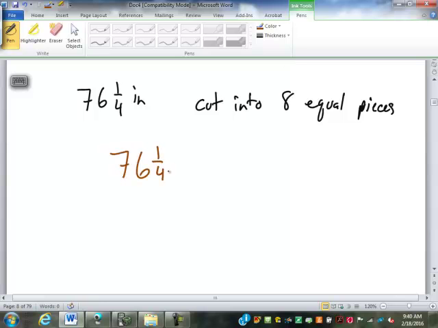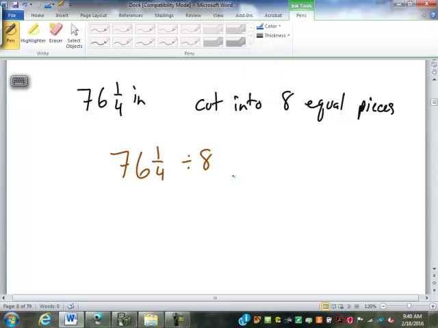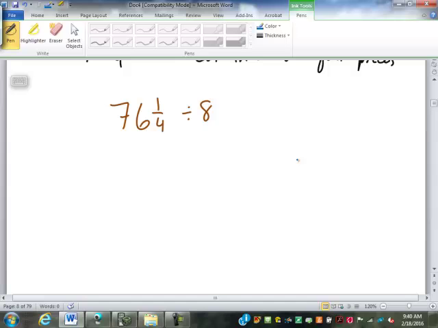So 76 1/4 divided by 8. What's that going to look like? Well, the 8 is going to be 8 over 1, and of course, we're going to multiply by 1 over 8 instead of dividing by 8 over 1. But unfortunately, we're going to have to do 4 times 76, which is 304, plus 1 is 305 over 4.